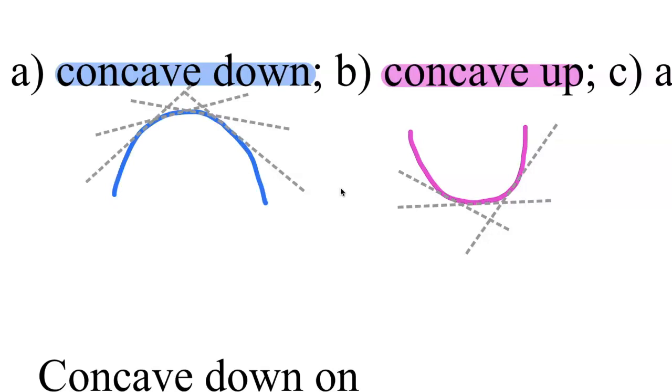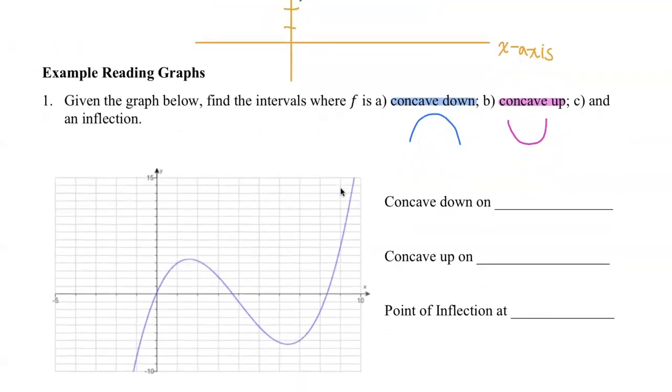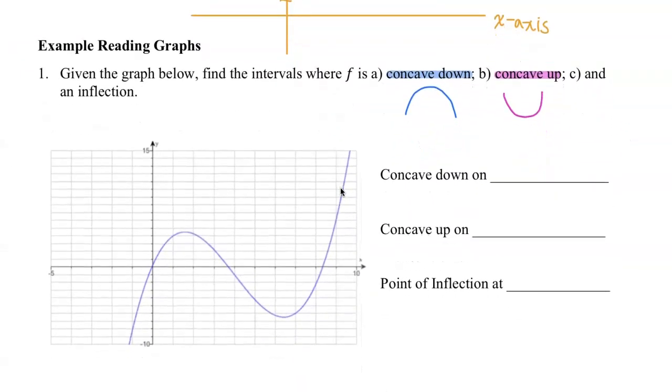All right, you ready to read the intervals of concave up and down on this? And they want the point of inflection where the concavity changes. So let's see. I think I noticed it. This right there is definitely concave down, and I think it switches concavity at this point right there, because to the right of that point, we definitely have a concave up graph.